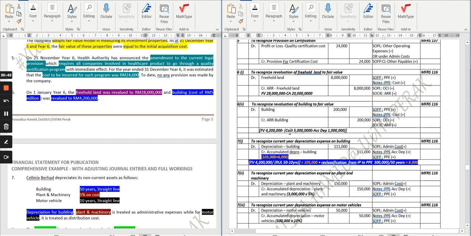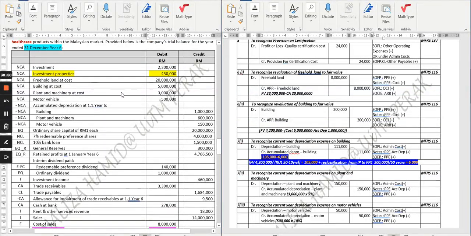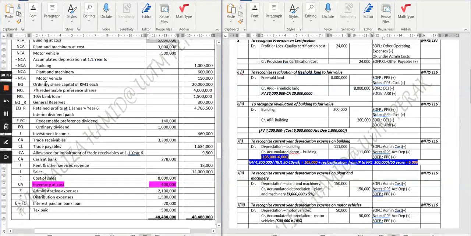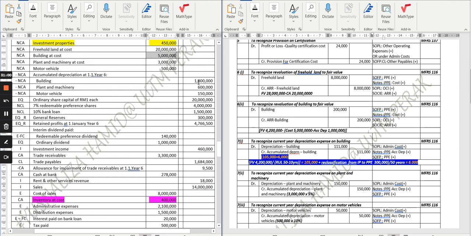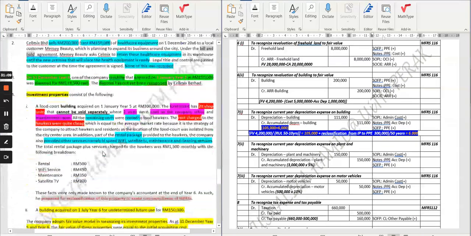The carrying amount here is the cost, the 5 million, which you can get in the trial balance for the building, minus the accumulated depreciation of the building, 1 million. That will give you the carrying amount of 4 million.